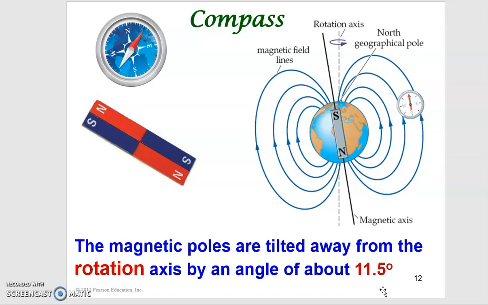You will also see from this diagram that for the Earth, the position of the geographic north pole is actually the position of the south magnetic pole. This is something people usually have an illusion about. They are not the same. North geographic pole means south magnetic pole.